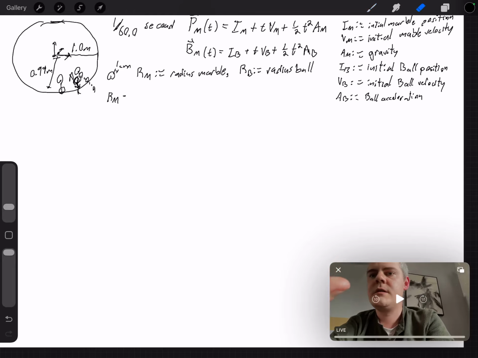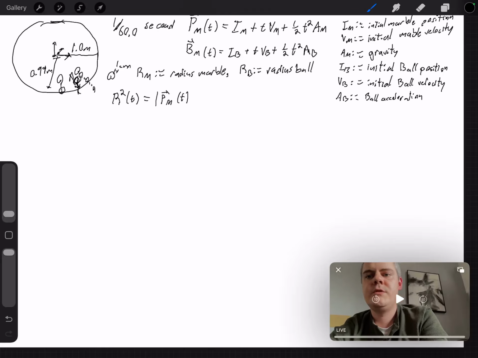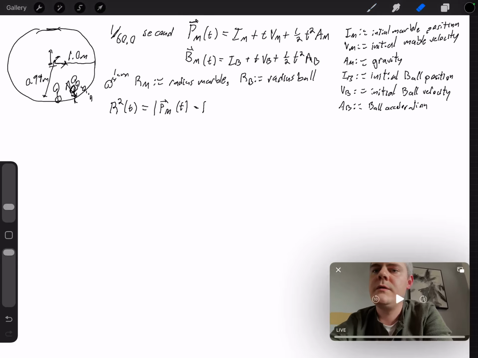Well, we'll do this at the end because it's going to make all the algebra a lot harder. Instead, we'll just say, for now, the distance, actually it's scalar, isn't it? Oh, this is what we'll do. The radius squared as a function of t is the length of the marble position, which you might call the relative position, minus the position of the ball.